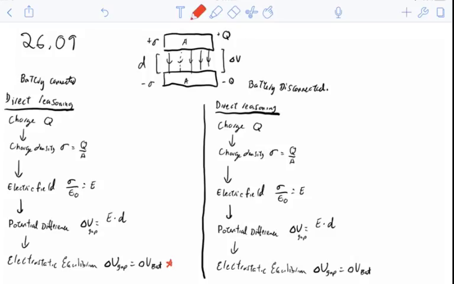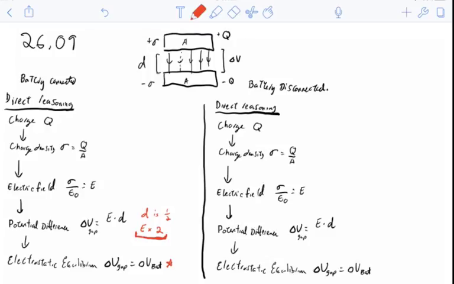If the potential drop is the same before and after you squish them together, then D is going to half, and that must mean E has to double for the potential difference between the plates to be the same. Okay. So already, without going too far, we've answered the question. If you keep the battery connected and you push the plates together, that's going to double the strength of the electric field.